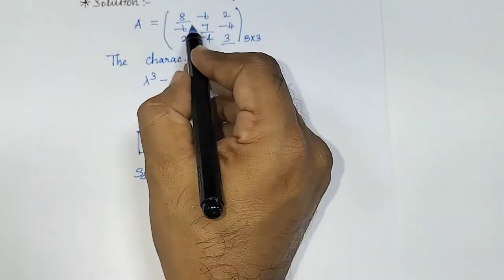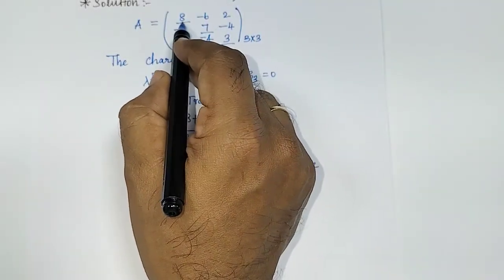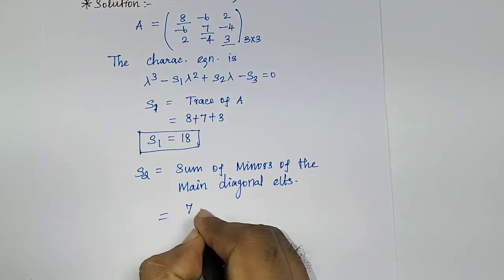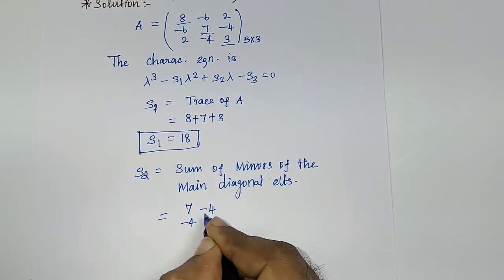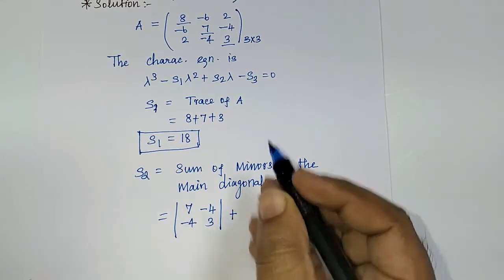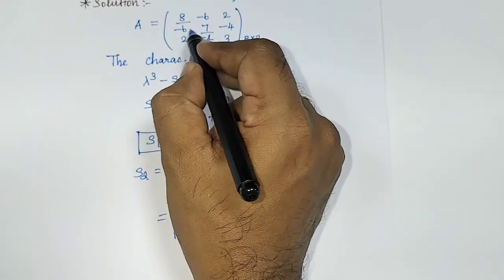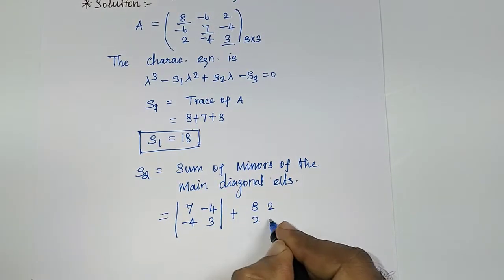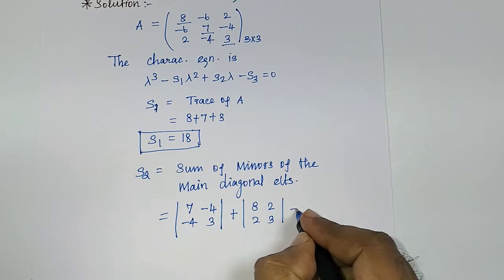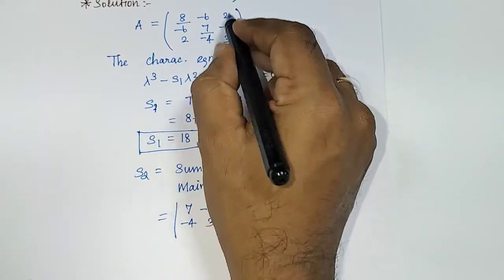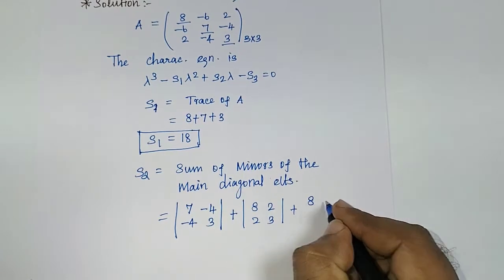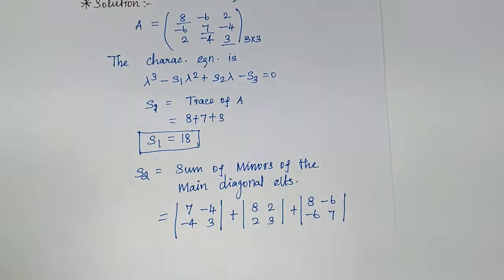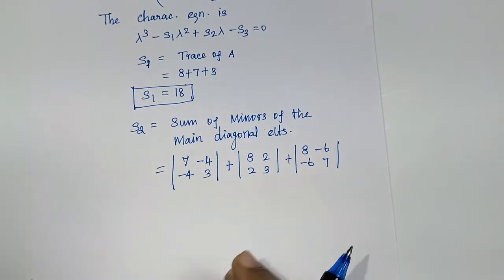Omit this row and this column; the remaining you can write in determinant form: 7 minus 4, minus 4 3. Plus the second diagonal element 7: omit this row and this column, and write 8 2, 2 3 in determinant form. Plus the third diagonal element 3: omit this row and this column, and the remaining is 8 minus 6, minus 6 7 in determinant form.